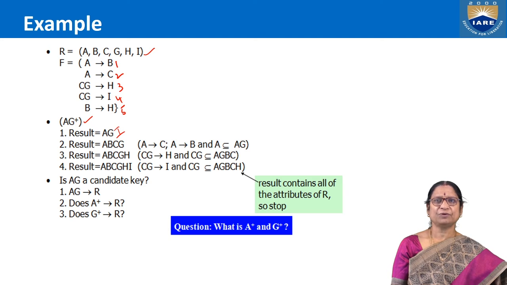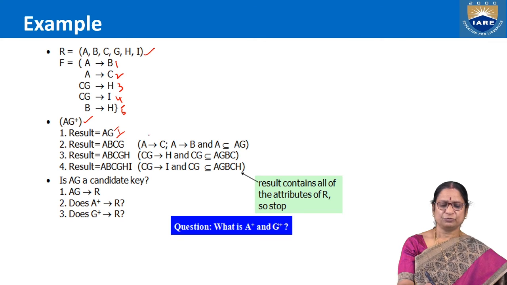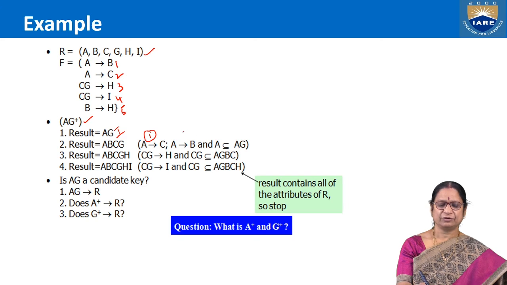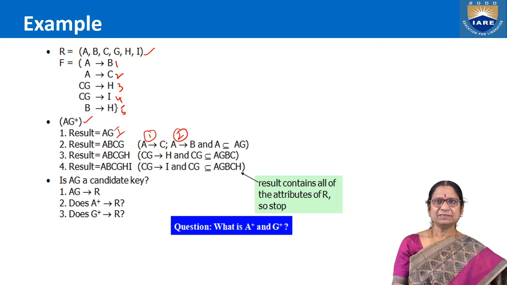Then I need to find out the FDs whose left hand side will be having either A or G or AG. First FD I am taking: A determines C. And also second one is there: A determines B. That means on the left hand side in both FDs, A is in our result.